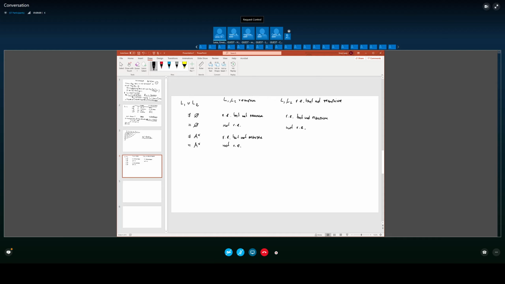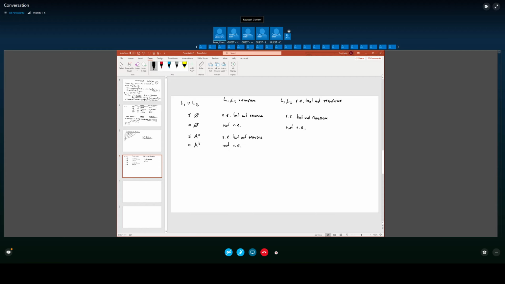And now, if I want the union of L1 and L2 not being equal to A star, I basically would have to find a word that is not in that union. And that is not possible because L1 and L2 are RE but not recursive.